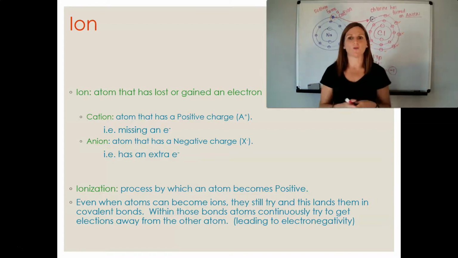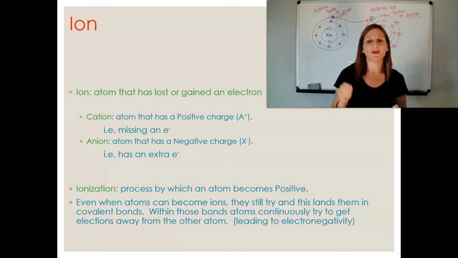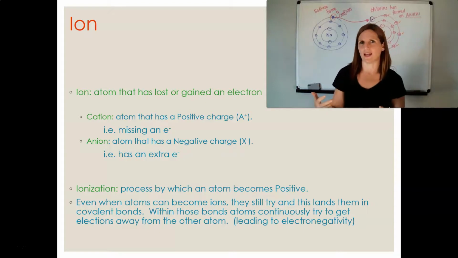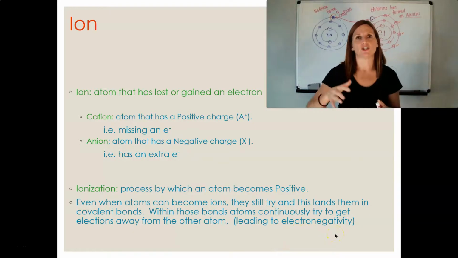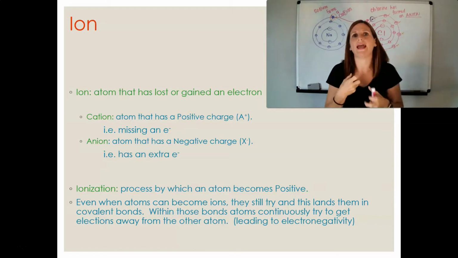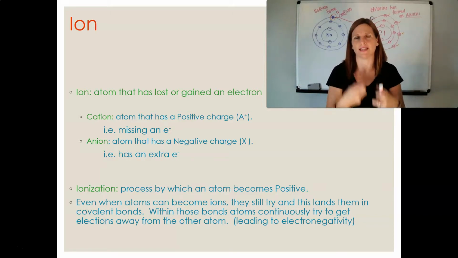And when they do that, we try to measure who we think is going to win in the battle. We call that prediction of the winner the electronegativity. It's the ability to try to attract an electron away from another atom that wants that electron.